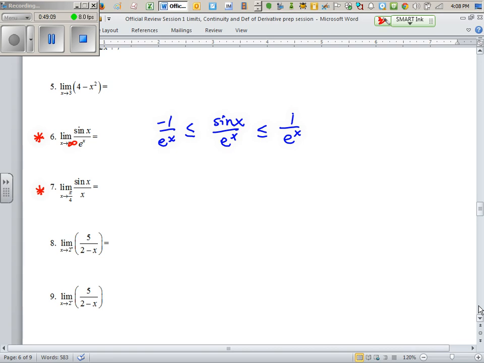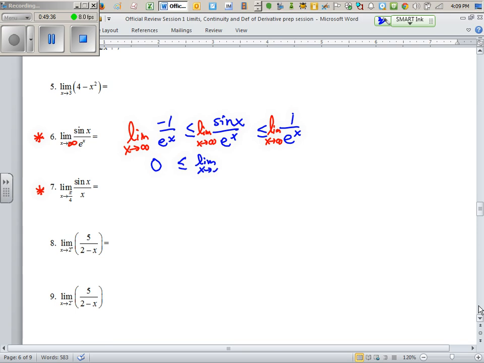Okay, now let's put in a limit as x goes to infinity here, here, and here. Now the middle one was giving me trouble, but the ones on the ends aren't. They're easy. What happens to the left side of this triple inequality when x gets large? It goes to 0. This one in the middle is driving me crazy.